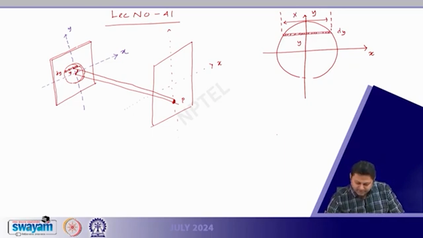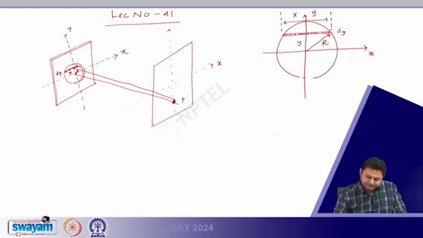Okay, and the radius is r. So I am just drawing the geometry here. This is the center. So this is the geometry we are having, and now we are going to utilize this.